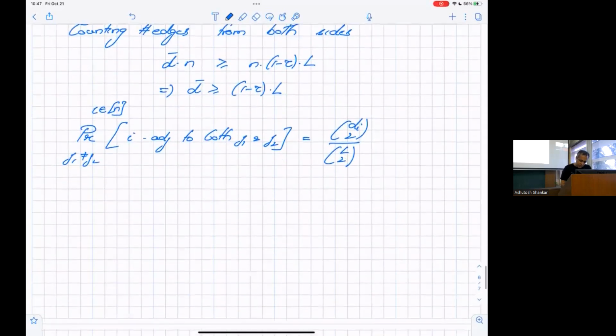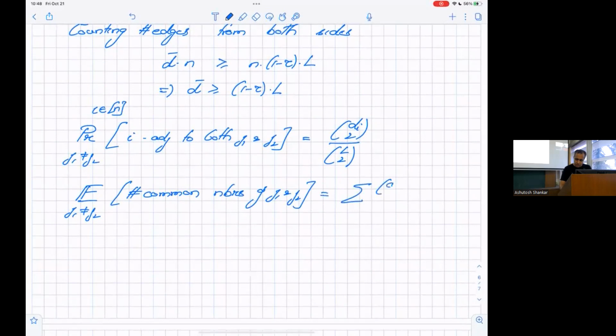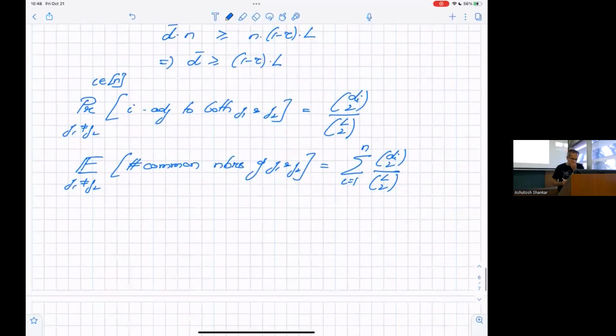So, in other words, when I pick J1 not equal to J2, the expected number of common neighbors of J1 and J2 is just going to be the summation of di choose 2 over L choose 2, i going from 1 to n. But we know the number of common neighbors can't be too large, because Cj1 and Cj2 are distinct codewords.